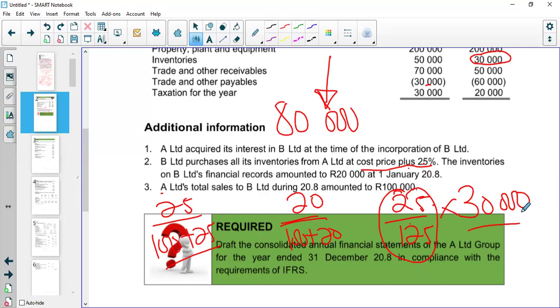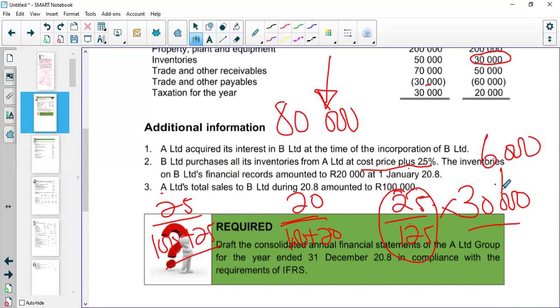And remember, this inventory is not all the inventory of the buyer, but the inventory which they bought from an intragroup transaction. Let's do the calculation: 25 divided by 125, multiplied by 30,000. So there's 6,000 here.